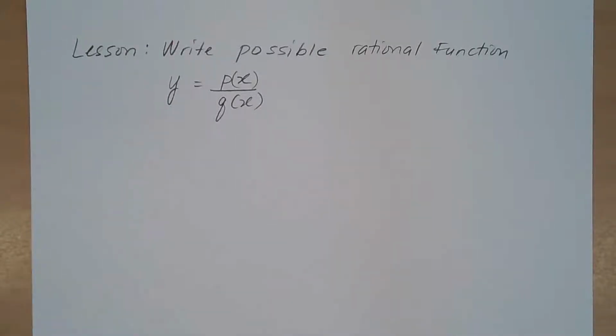Now we're going to go a little bit backwards and see if we can create a possible rational function. I have a few examples in here. In fact, I have 4.